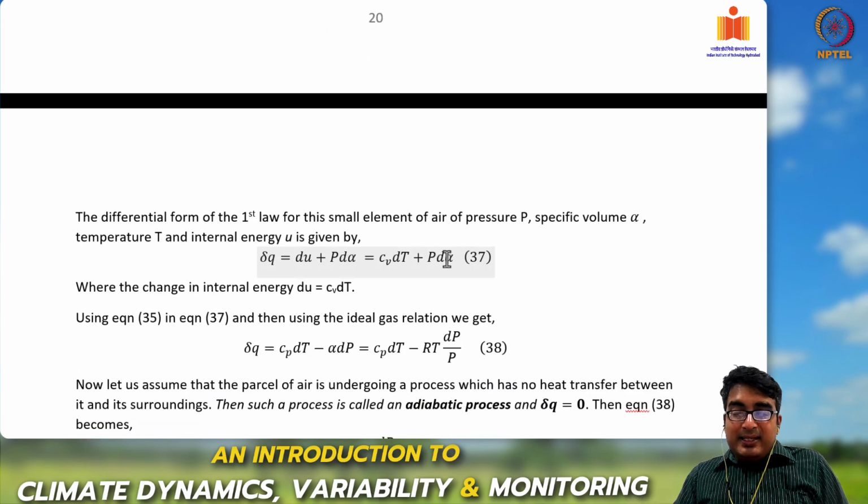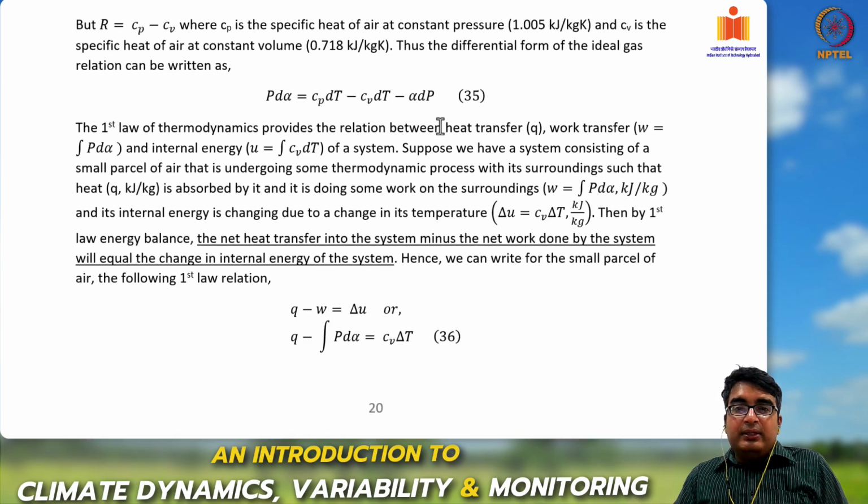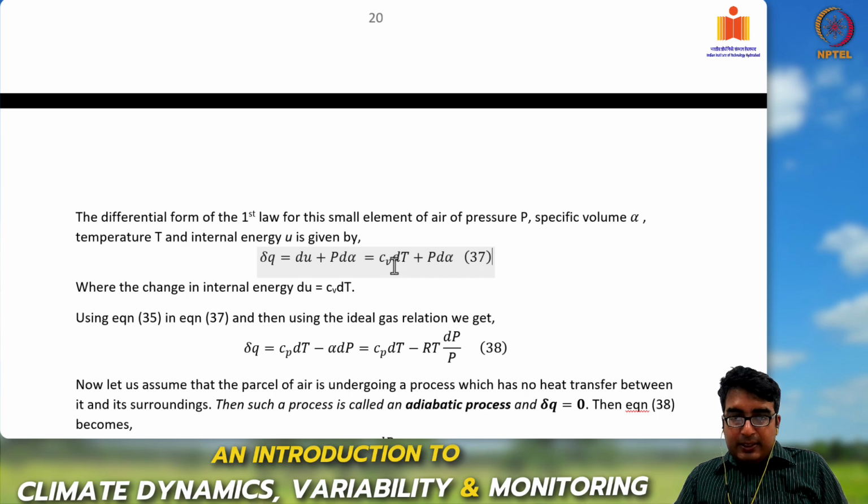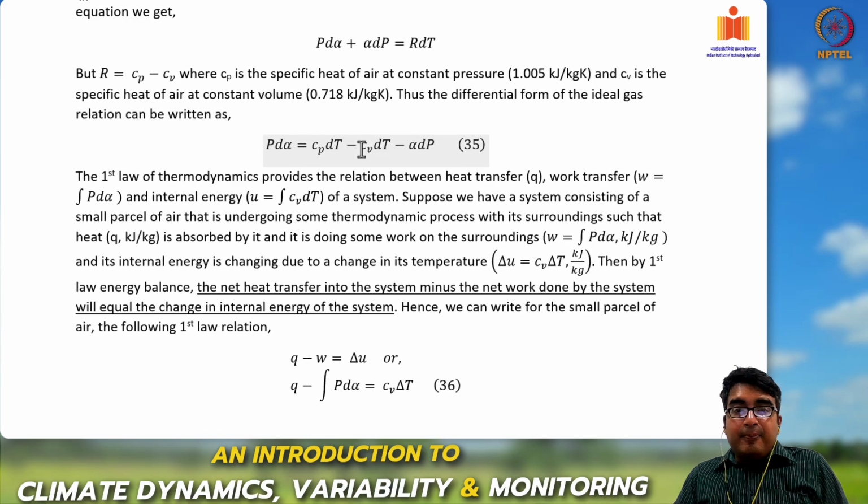Now if you look at this equation and compare it with the equation that we have seen, we see that Cv dT is present. So we can replace P d alpha plus Cv dT with Cp dT minus alpha dP.